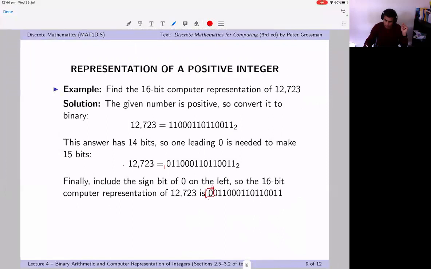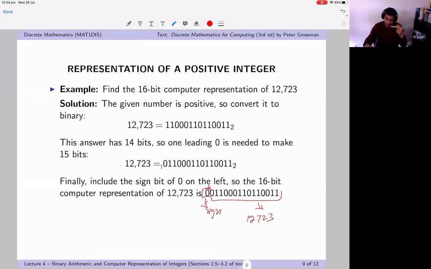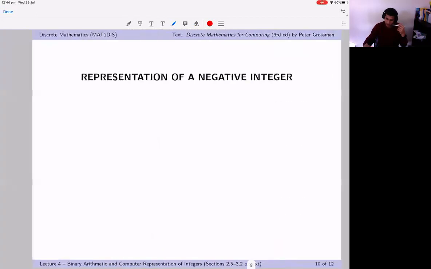So this is the sign bit that represents a positive number, and the remaining representation is the binary representation of 12,723. So this is how it stores numbers. Any questions, anyone? So pretty much a straightforward process.